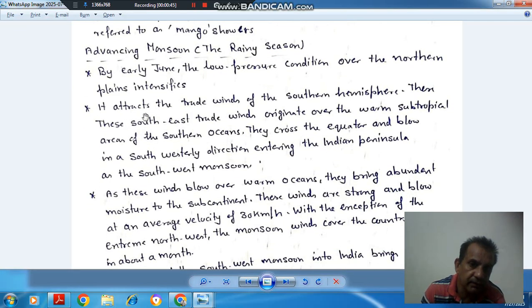Second point is it attracts the trade wind of the southern hemisphere. These southeast trade winds originate over warm subtropical areas of southern origin. They cross the equator and blow in a southwesterly direction, entering the Indian peninsula as the southwest monsoon.